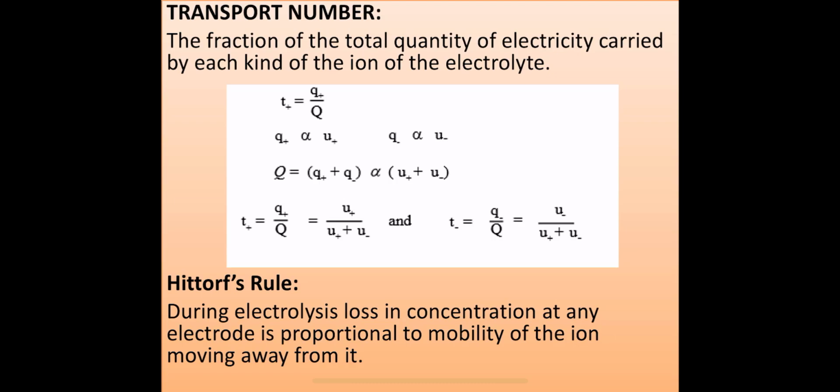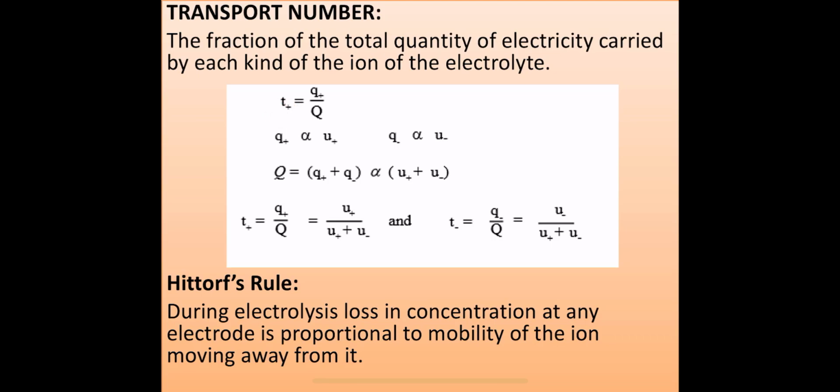So it is not just a cation or an anion; how much electricity each of them carries, the total quantity of electricity carried by each kind of ion, is what is called the transport number, and it is represented as T plus and T minus.